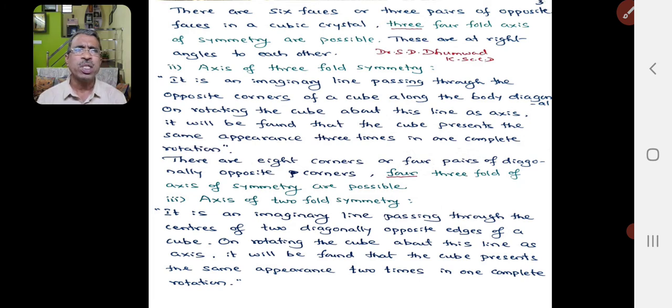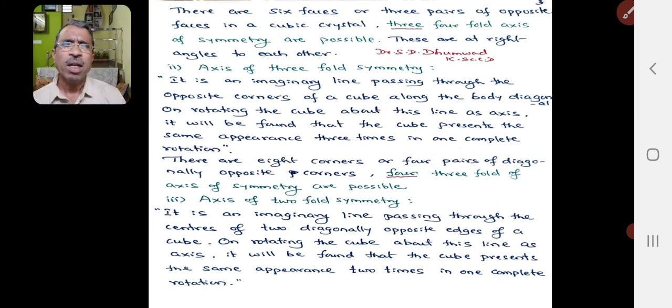These are at right angles to each other. So this I wanted to explain. 6 faces are there, half of that is 3, so we have 3 4-fold axes of symmetry.